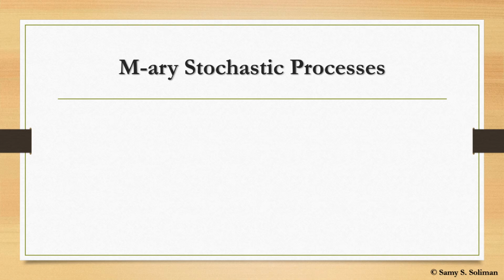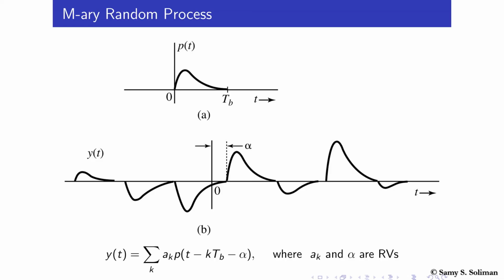Next, let's focus on M-ary stochastic processes. In M-ary stochastic processes, or M-ary random processes, we might have a pulse of any arbitrary shape like p of t. It is not necessarily a rectangular pulse as we discussed in the previous examples.